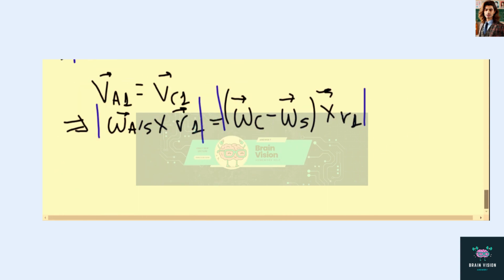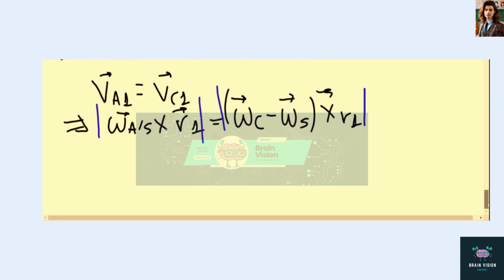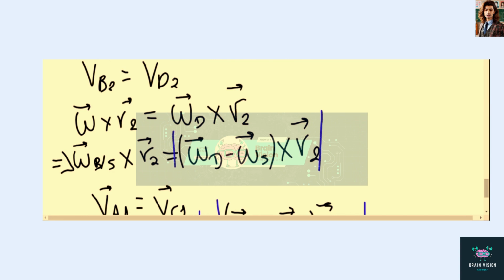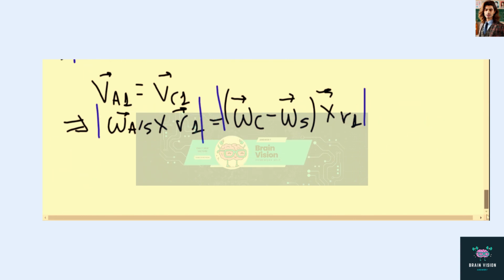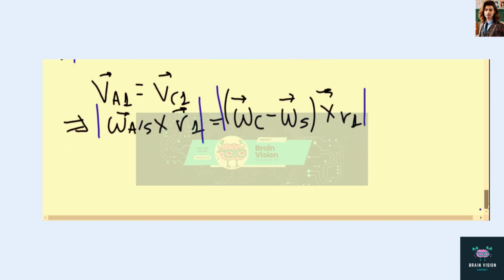So if we take the magnitude of both expressions, we'll get again quite complicated expressions like this one.